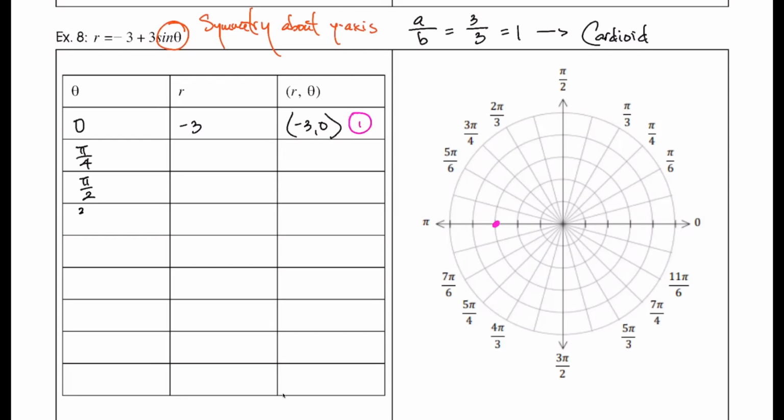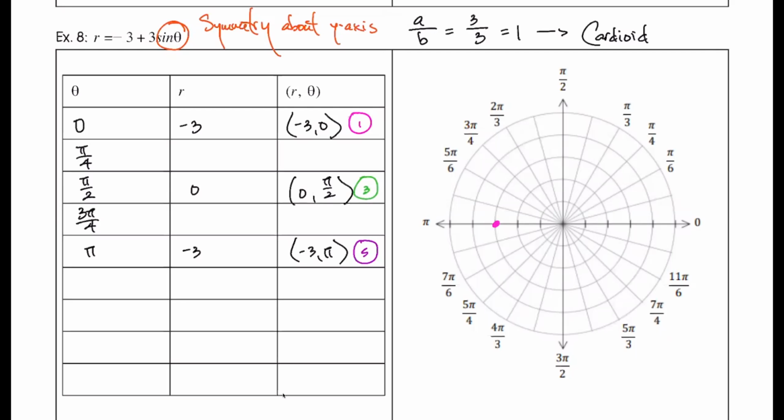Let's plug in some more points and see what we get. Sine of pi over 2 is 1, so negative 3 plus 3 is 0. Sine of pi is 0, so that gets us back to negative 3. Now we'll do the decimal ones.